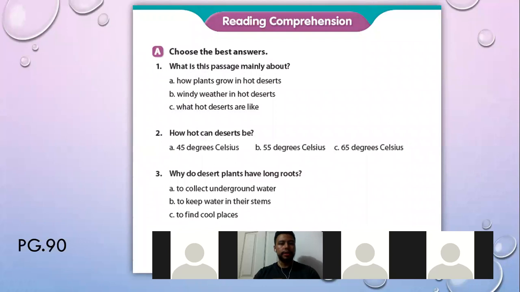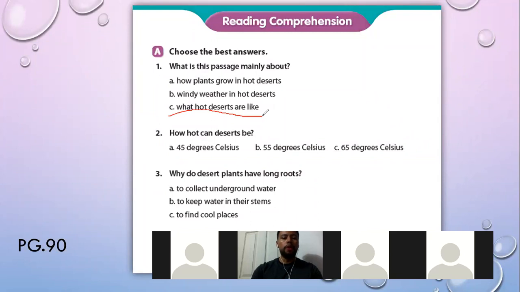Or C, what hot deserts are like. Letter C, because it's telling us what hot deserts are like, although they missed a lot of stuff. All right, exactly, it's letter C. Thank you. Let's underline this answer: what hot deserts are like.